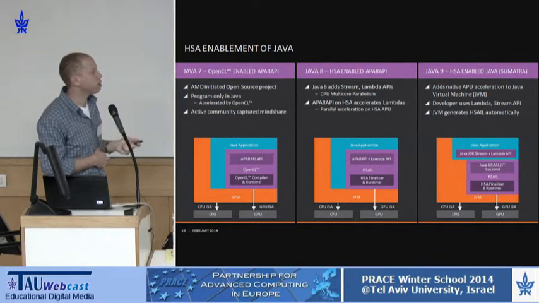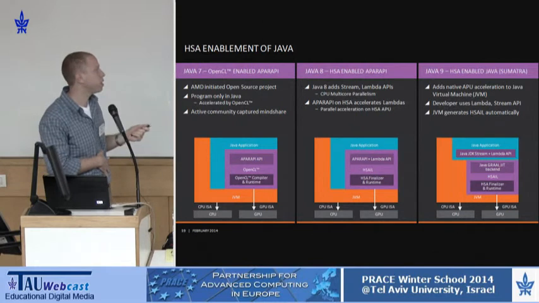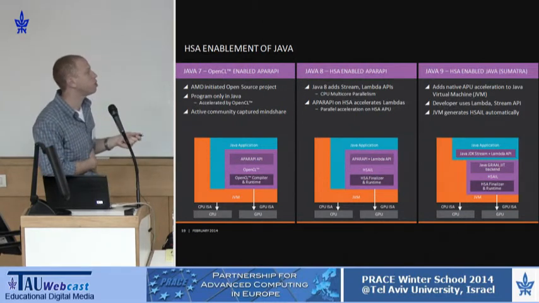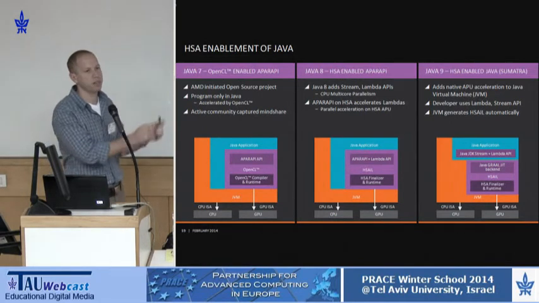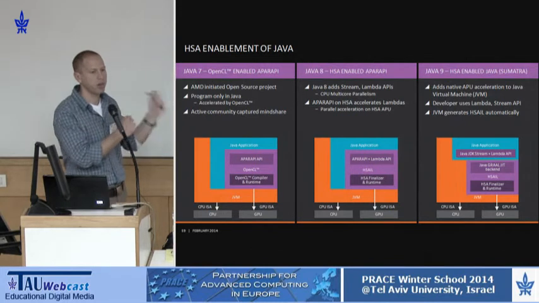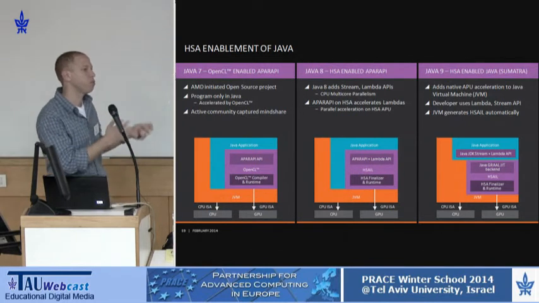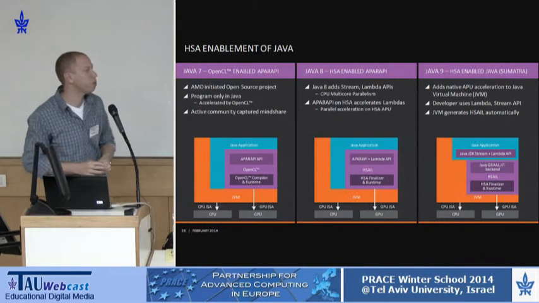Currently, we have an extension to Java called Aparapi, which is simply an OpenCL binding for Java to enable Java developers to easily access the GPU. Later on, with Java 8, we'll have Lambda APIs, which will enable the programmer to write Lambda expressions and compile them and bake them into GPU code.